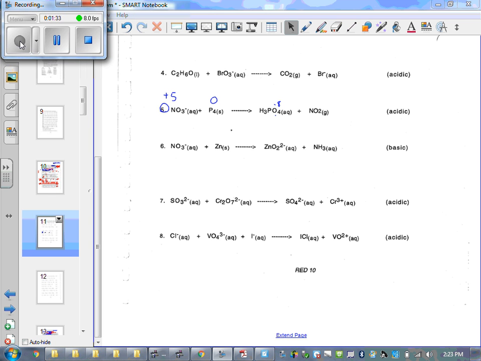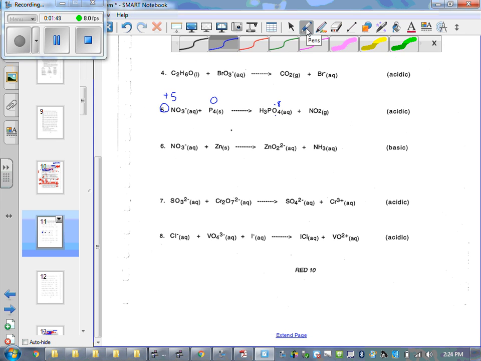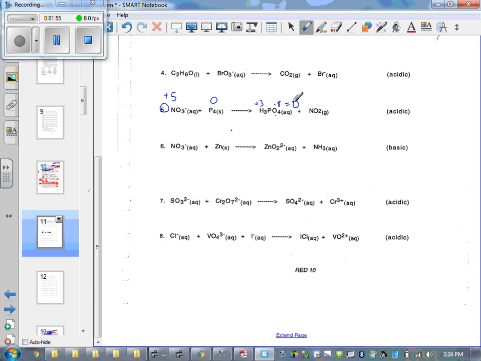I read that wrong. Sorry about that. It's +1, and there's 3 of them, for a total of +3. We need to add up to 0, so phosphorus in this case would be +5.